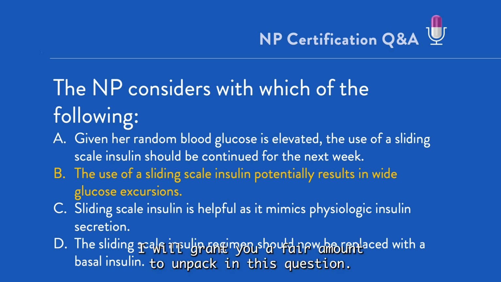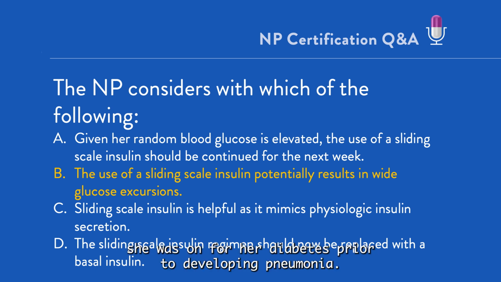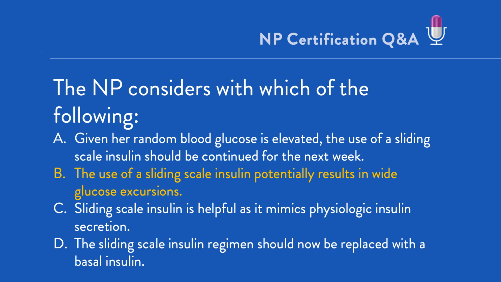There is, I will grant you, a fair amount to unpack in this question. Probably you want more information about what meds she was on for her diabetes prior to developing pneumonia. We're given very little information on that, except to say she's usually at treatment goals and all her meds are oral.